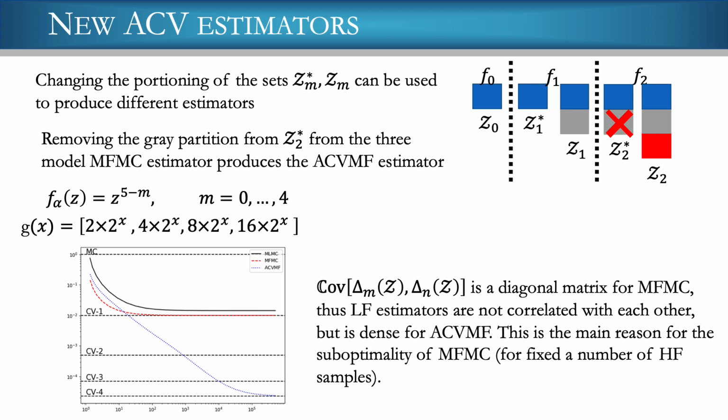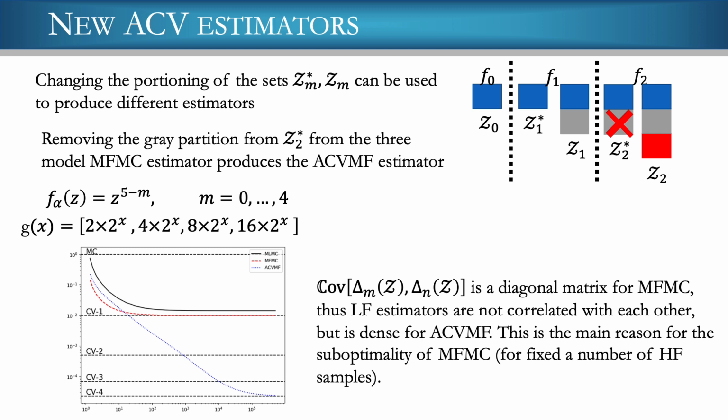As you can see, both MFMC and MLMC estimators converge asymptotically to the curve labeled CV1, which represents the estimator variance of a CVMC estimator that only uses the most correlated model. In contrast, the ACVMF estimator converges to the variance of the CV estimator that uses all low-fidelity models, which is represented by the line labeled CV4. The expression for the covariance between deltas can be used to understand this asymptotic suboptimality of multi-fidelity Monte Carlo.